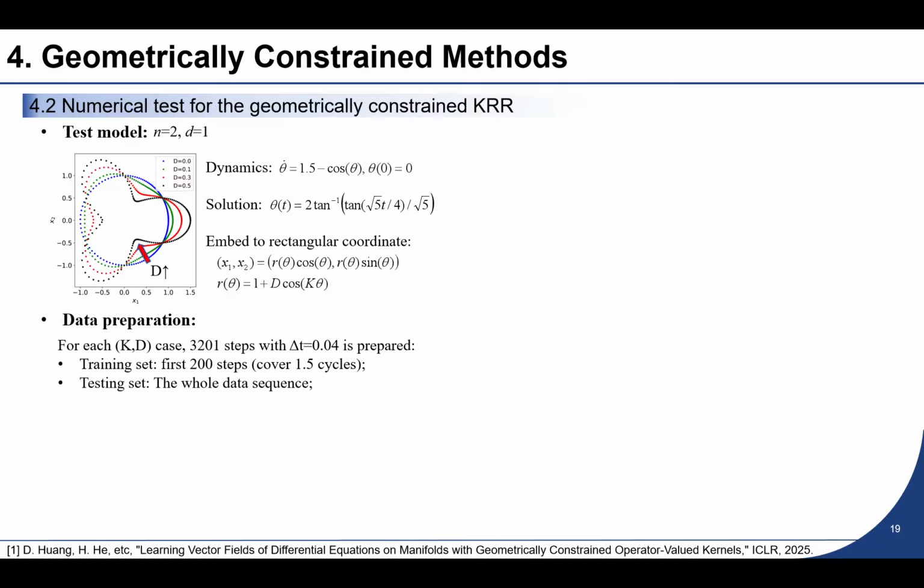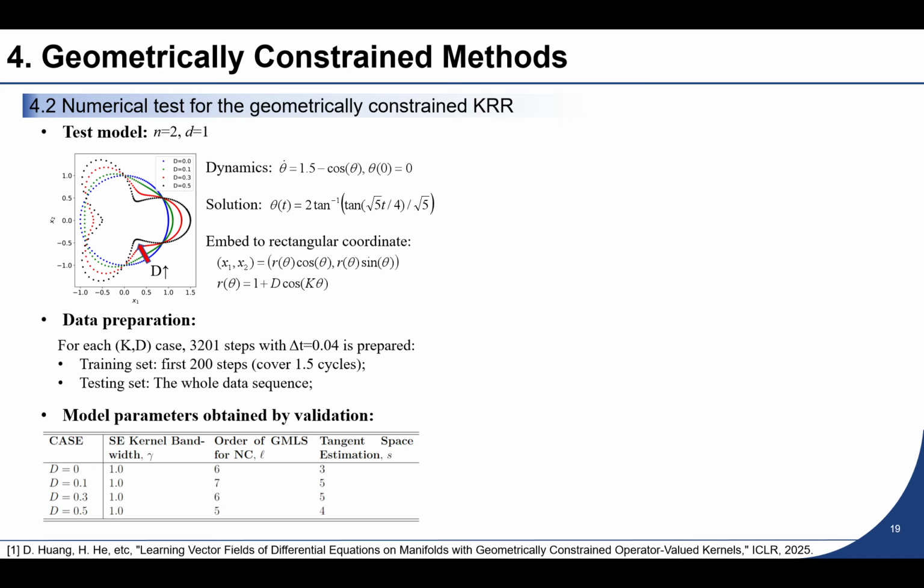Next, for data preparation, we generated trajectories with a fixed time step delta t equal to 0.04. Only the first 200 samples covering about 1.5 cycles are used for training, while the entire trajectory is used for testing.